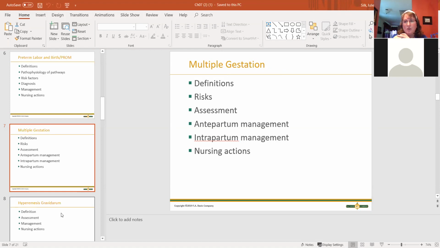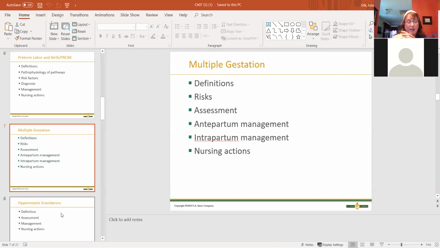Obviously that's up to the parents on whether they want to do that or not. You want to watch for different problems like anemia, hypertension, intrauterine fetal demise, anything like that. So you're really monitoring the mother and babies well. Intrapartum management: we're going to do continuous fetal monitoring of both babies during this time.